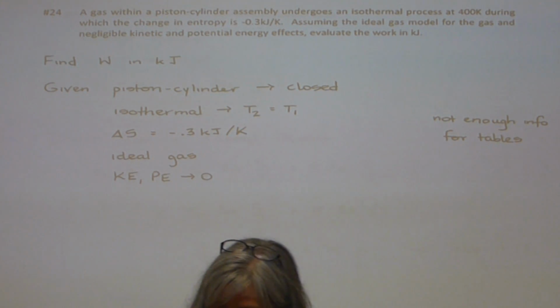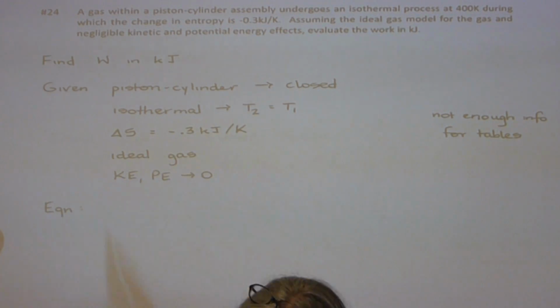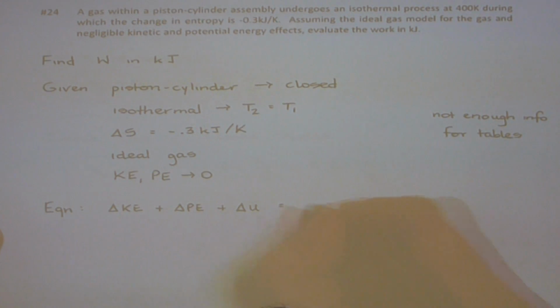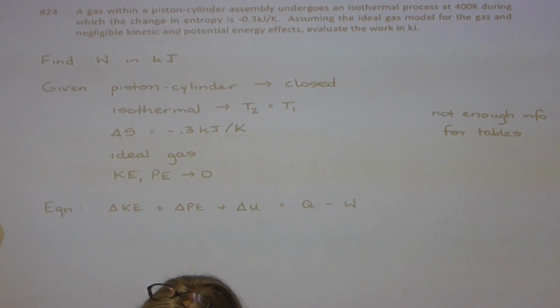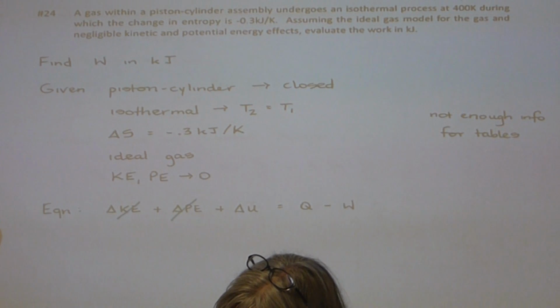Okay, so let's take a look at what equation we're going to use. As always, I vote for starting with our trusted closed system energy balance equation. And then we know that KE and PE are going to be negligible.